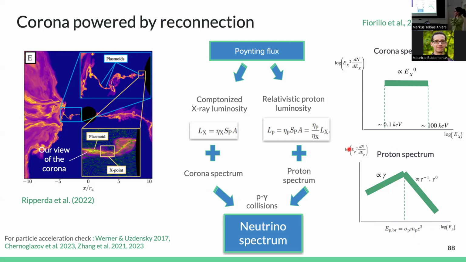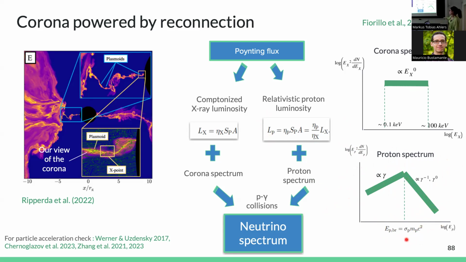So let me describe a little bit first the proton spectrum. Another ingredient that we need besides the total luminosity of the population is the energy spectrum of the protons that are going to produce the neutrinos. And this is motivated by simulations of magnetic reconnection, where the proton spectrum is very hard. It peaks at a characteristic energy, which we call a break energy, and then it becomes steeper. How much steeper, we don't really know yet.